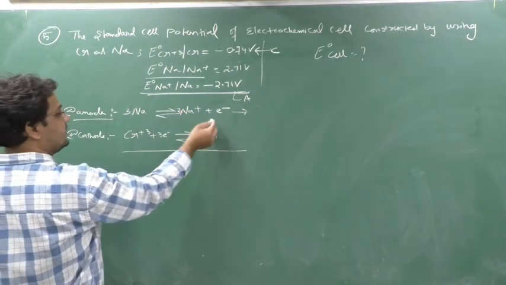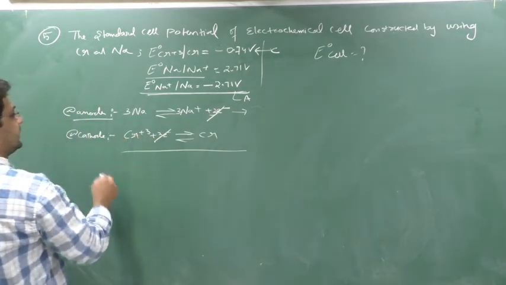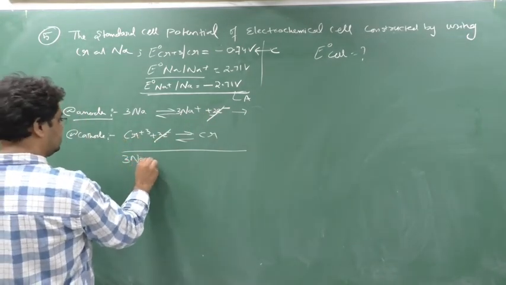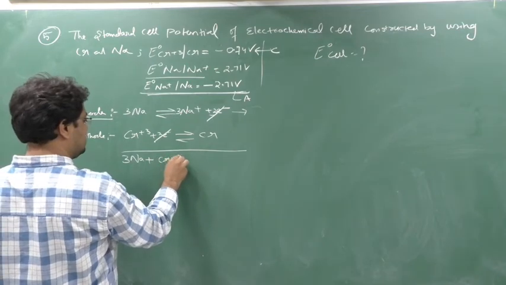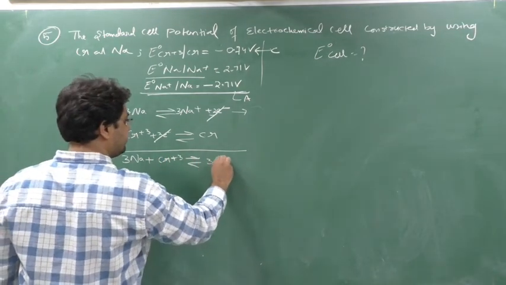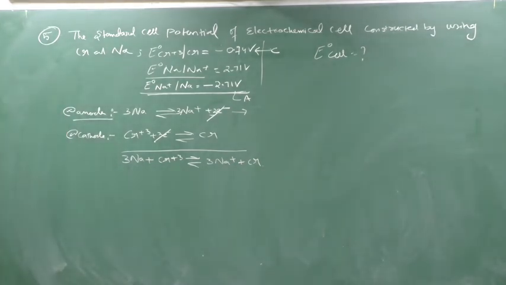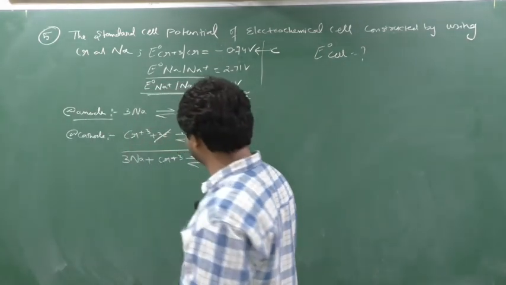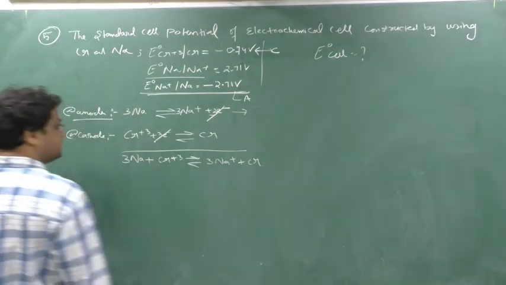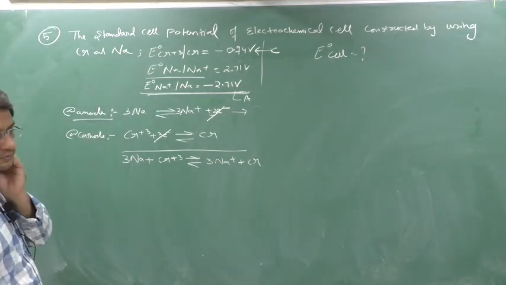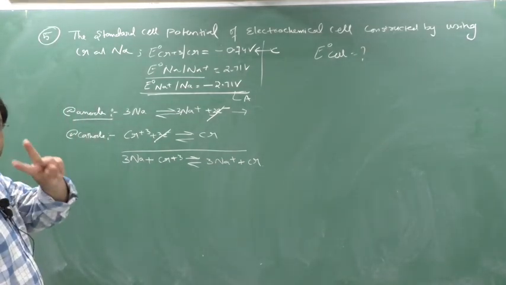3 Na plus Cr plus 3 gives 3 Na plus plus Cr. Clear? Chalo, done. This is the cell representation. Now the symbolic representation. I told you, first the anode, then the cathode, separated by two lines, the salt bridge.